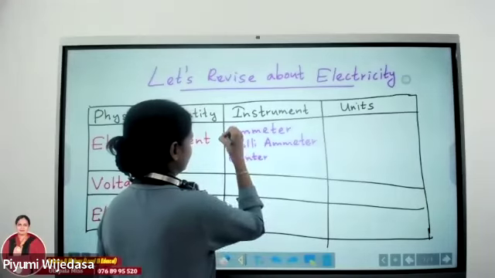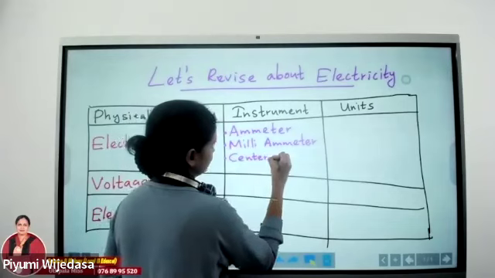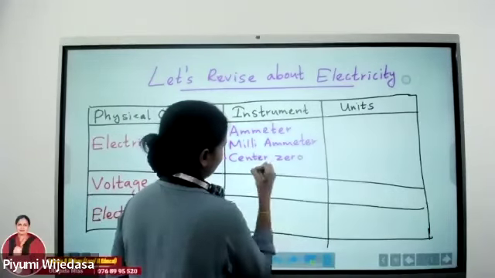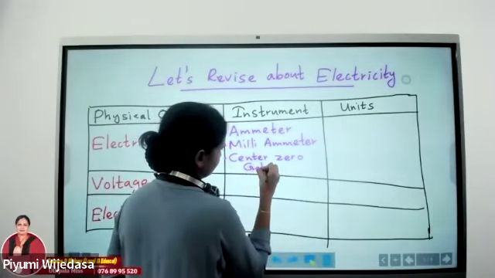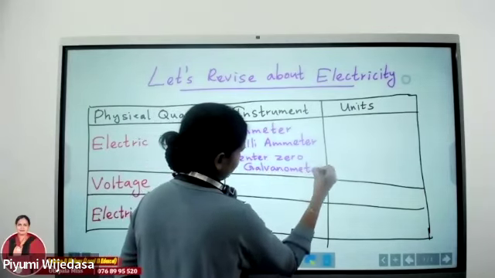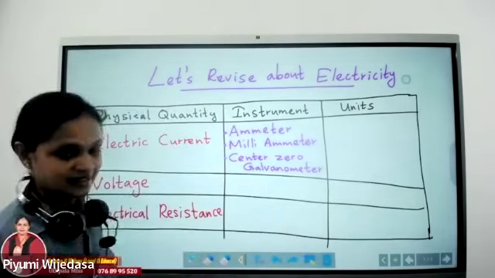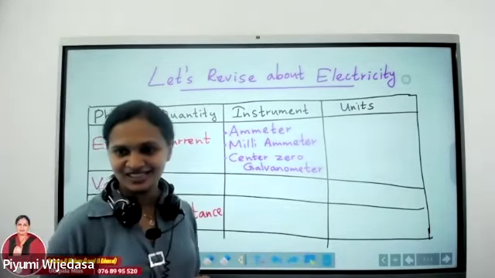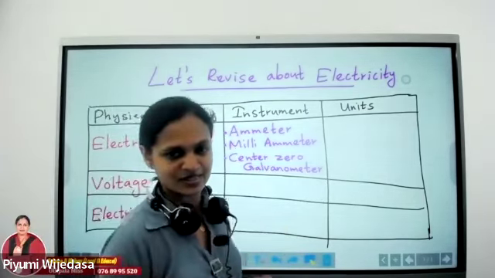Center zero galvanometer. Right? So in each instance, what are the units used?